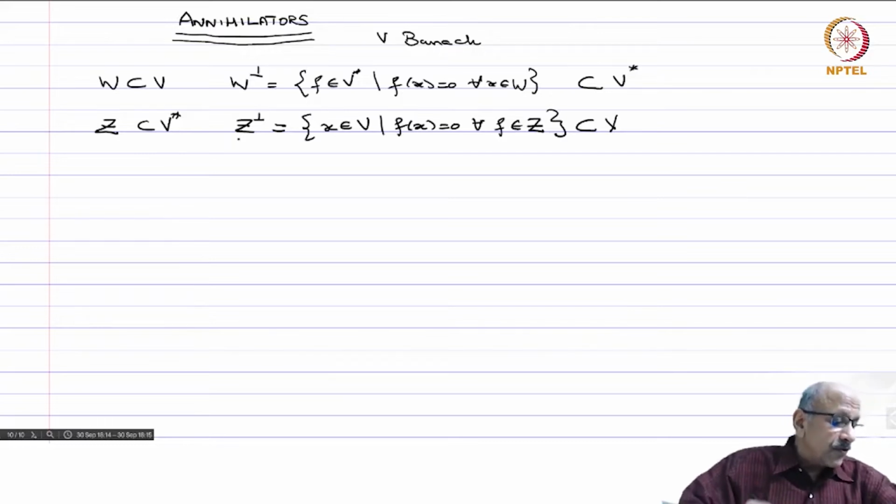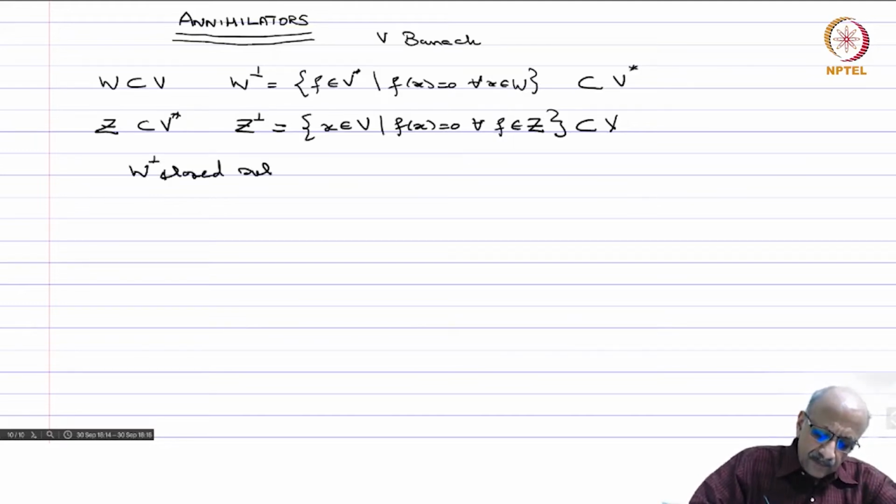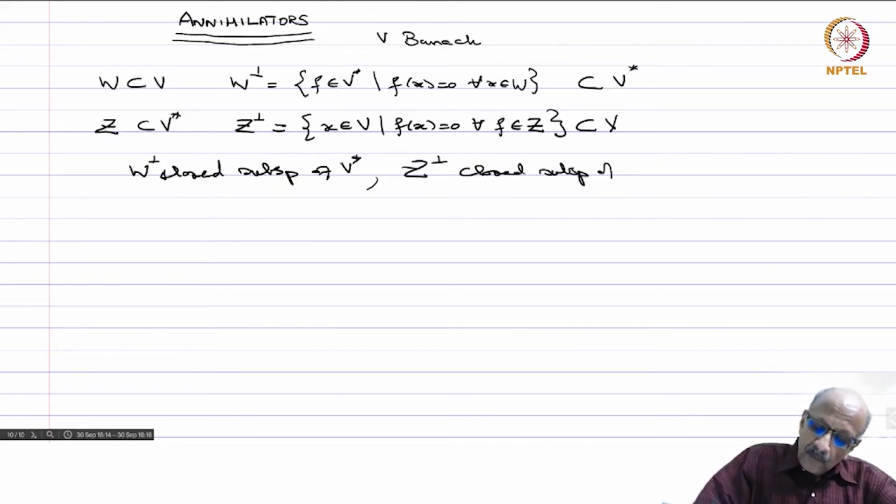Okay. So W perp is a closed subspace of V star and Z perp is a closed subspace of V. We have already seen the first one in one of the exercises earlier.